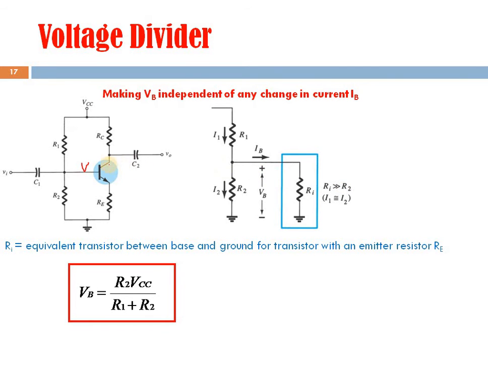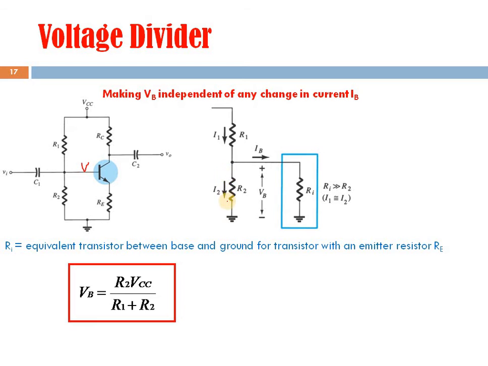So if we want to make this VB constant, we have to choose this R2 in such a way that the major part of the current I1 flows through this, and a small current goes towards this side. That way, even if there is a change here, that change will not create a major change in this current, and the current which is flowing here in I2 will also remain almost constant.